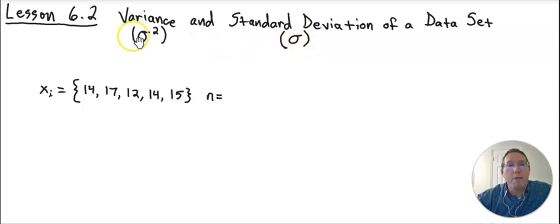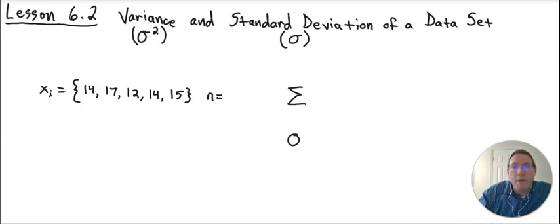It's very simple. This symbol right here is the lowercase letter sigma. The sigma that we saw in lesson 6.1, the one that looked like this, is uppercase sigma in Greek. This one is like a circle with a stem on the top. That's lowercase sigma.